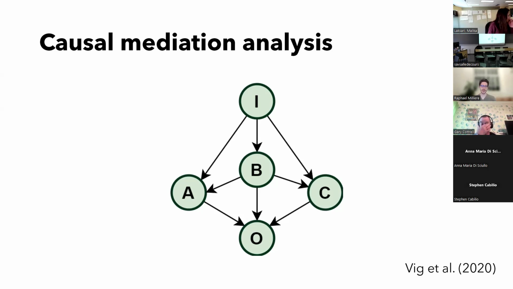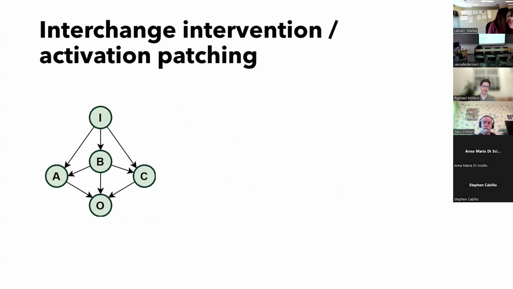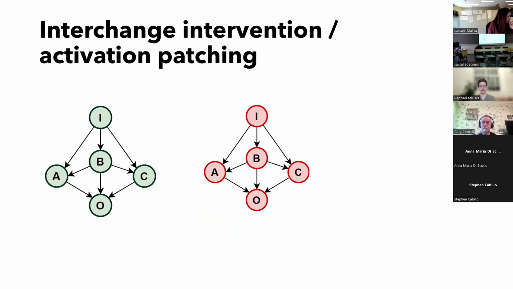So that would be the target phenomenon that we're trying to explain. What we can do is we can have a corrupted run when we change the input such that it changes the output. So we change the input, for example, the input sentence, to get the model to have as a prediction John instead of Mary.